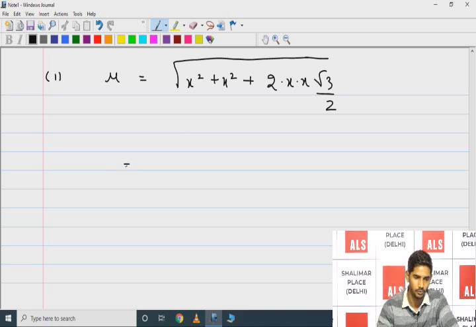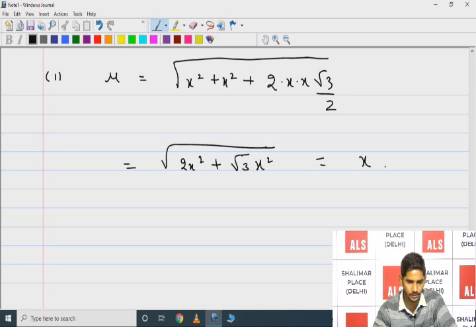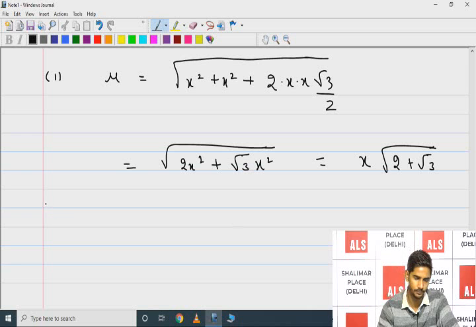So we will have 2x square plus root 3 x square. We can take x common, so this is x under the root 2 plus root 3. This is the first part.